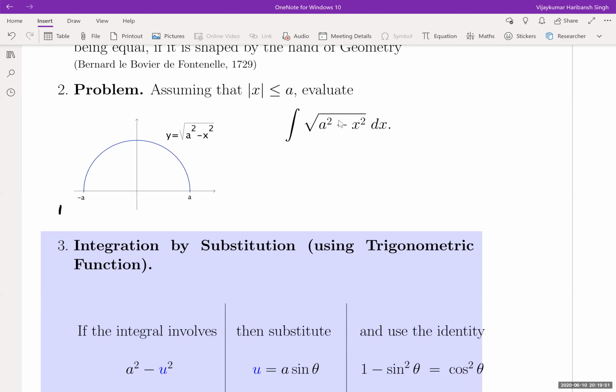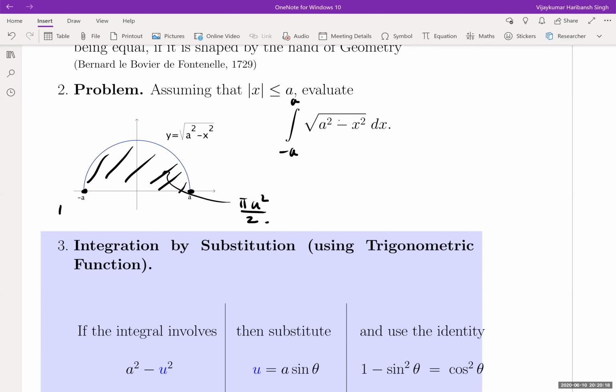If you integrate this from minus a to a, you will see that's the area under the curve. This is a circle of radius a, so this area is going to be pi a square divided by 2. So let's see, is it really the case?